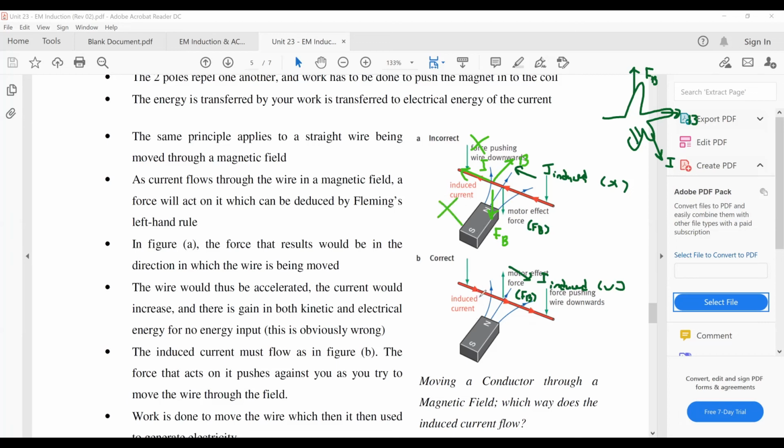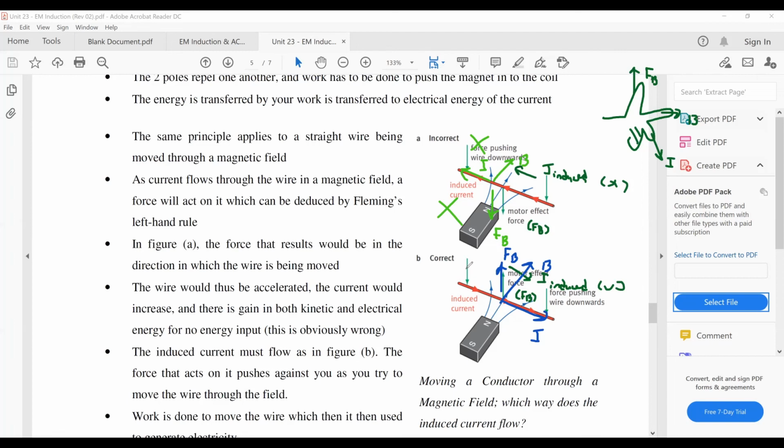But if say you have induced current in this way, where your magnetic field is this way, B, your I is this way, you will see that your magnetic force is here. So this one is trying to oppose the force that you originally pushed down.